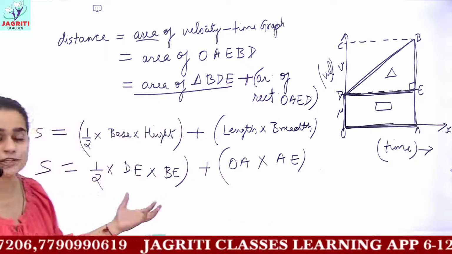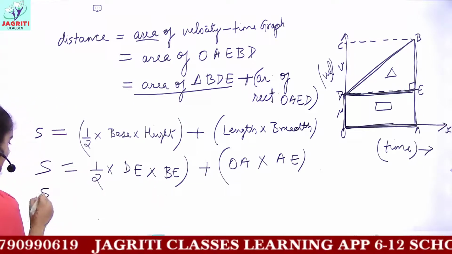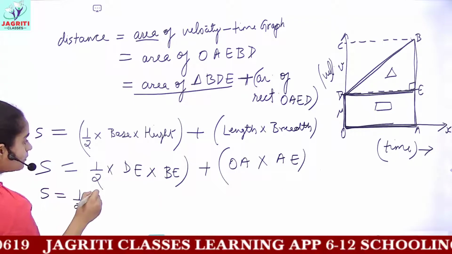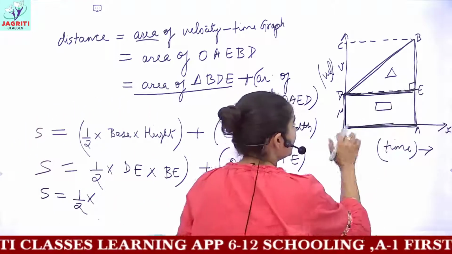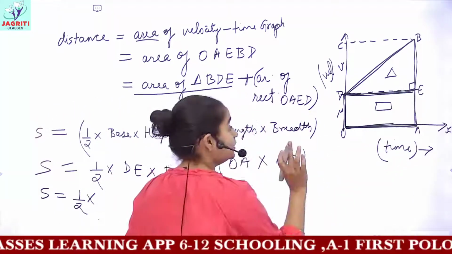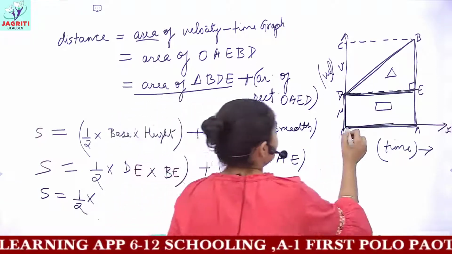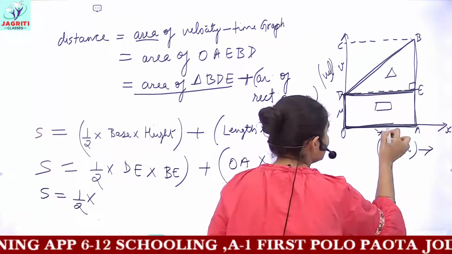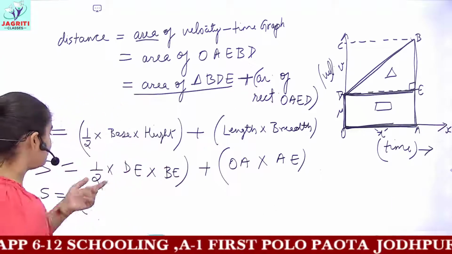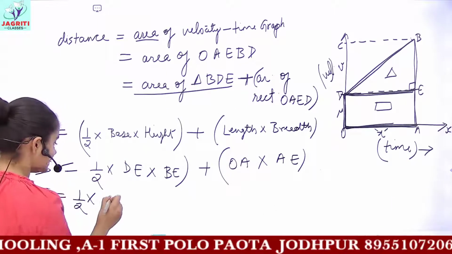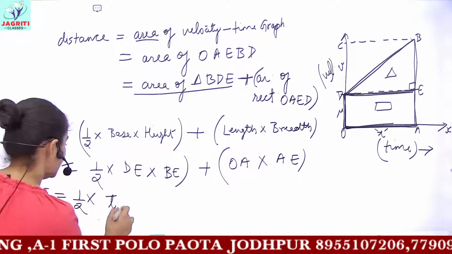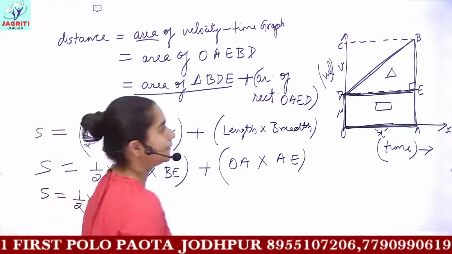Now we just have to substitute the values here, that is S would be equal to half into DE. What is the value of DE? The value of DE will be equal to the value of OA. And I explained to you that this OA represents the time T. So in place of DE, I can write the time interval T here. And what is the value of BE?